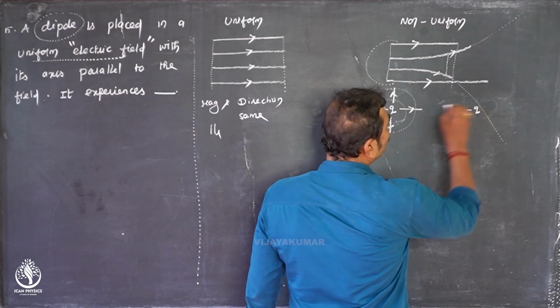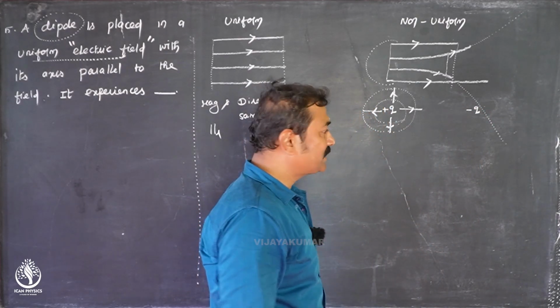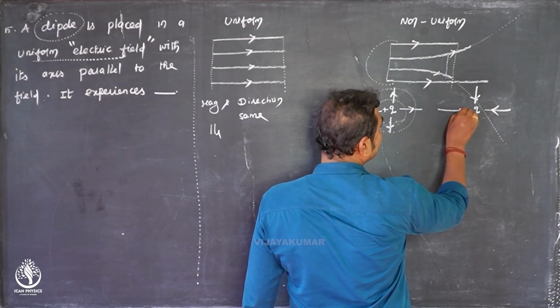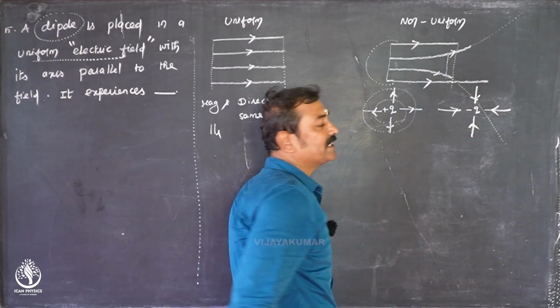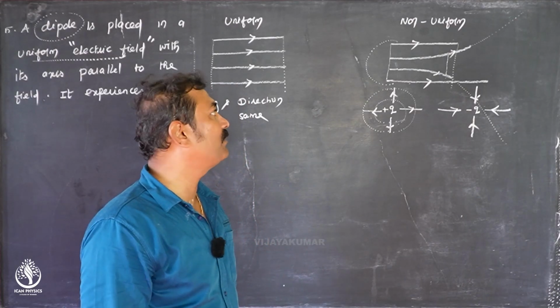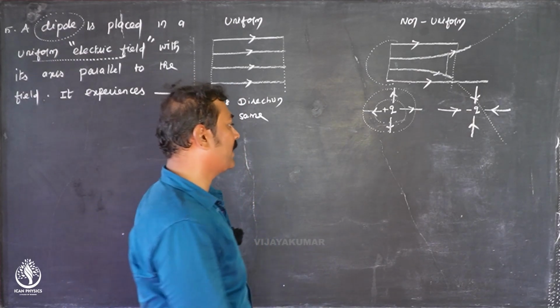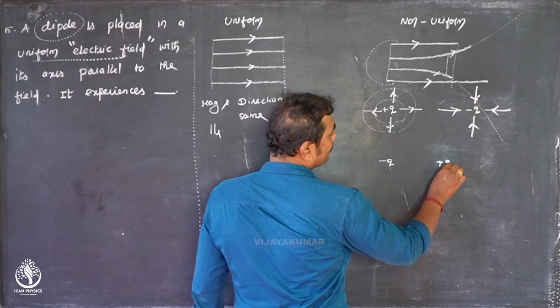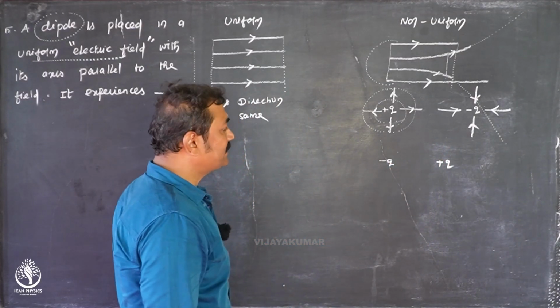The negative charge produces an electric field which always acts radially inwards, which is also said to be a non-uniform electric field. Let us consider the electric dipole.